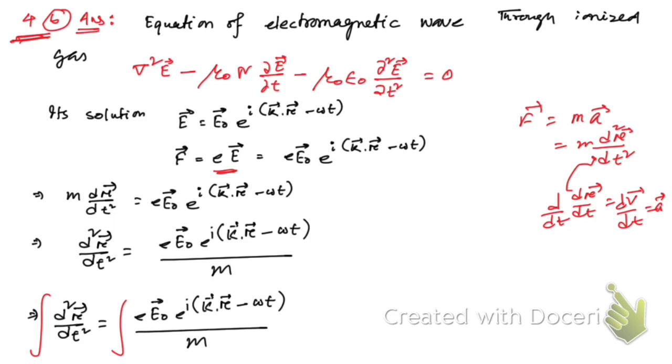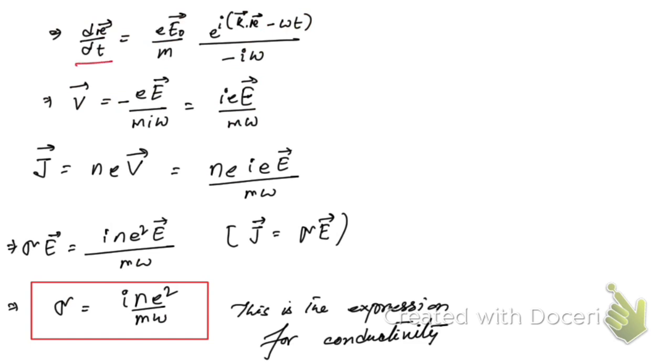So let us divide both sides by m. Then these two m's cancel, so we get this step. Hope you have understood this. Now integrating both sides, the second order derivative becomes a first order derivative after integration. That's what we have got.